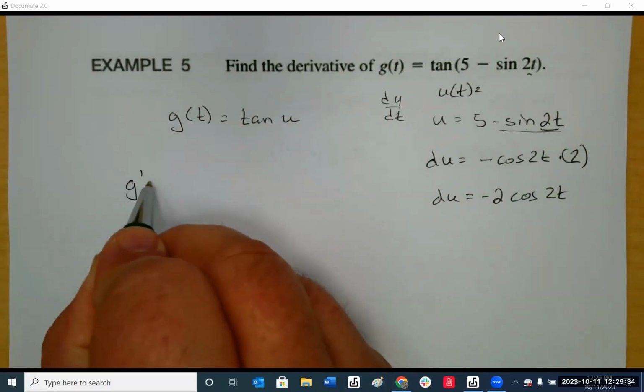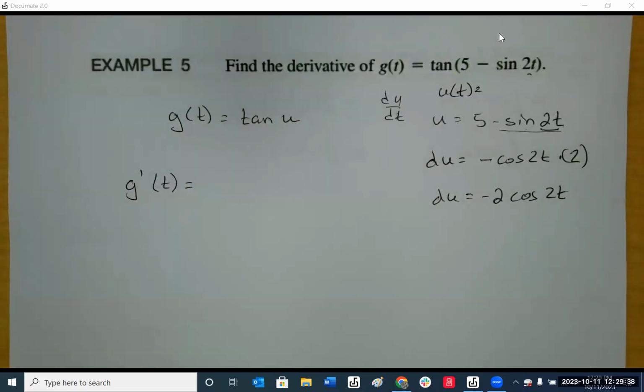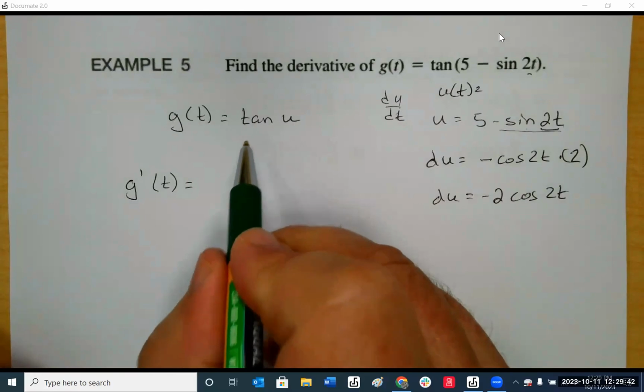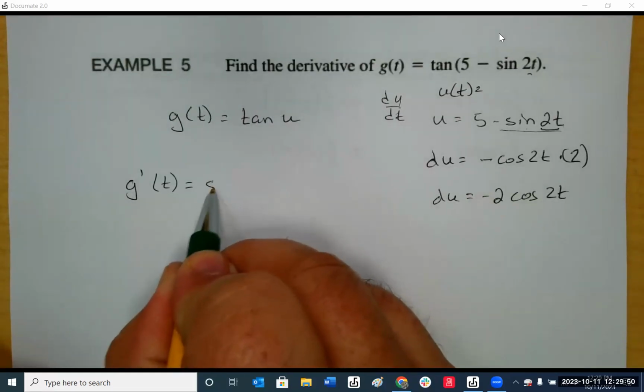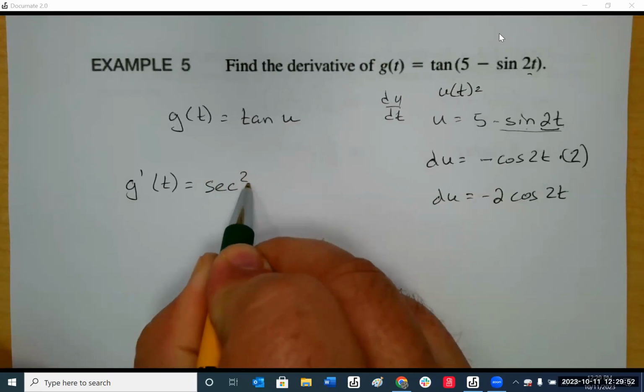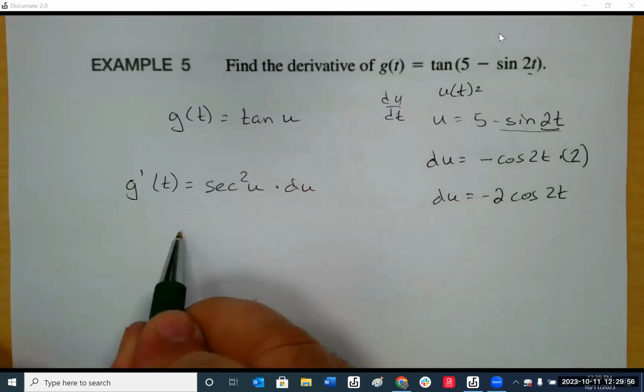So the derivative of tangent is what? It's secant squared times du.